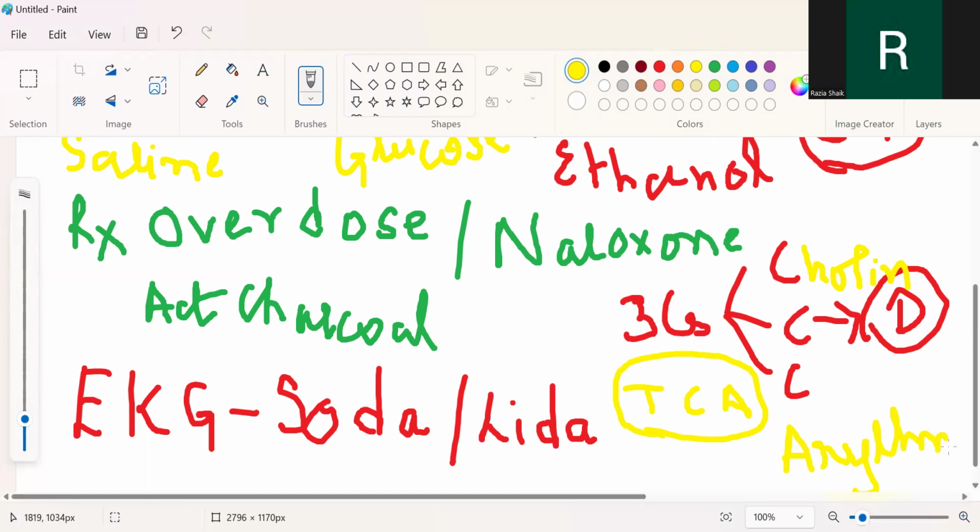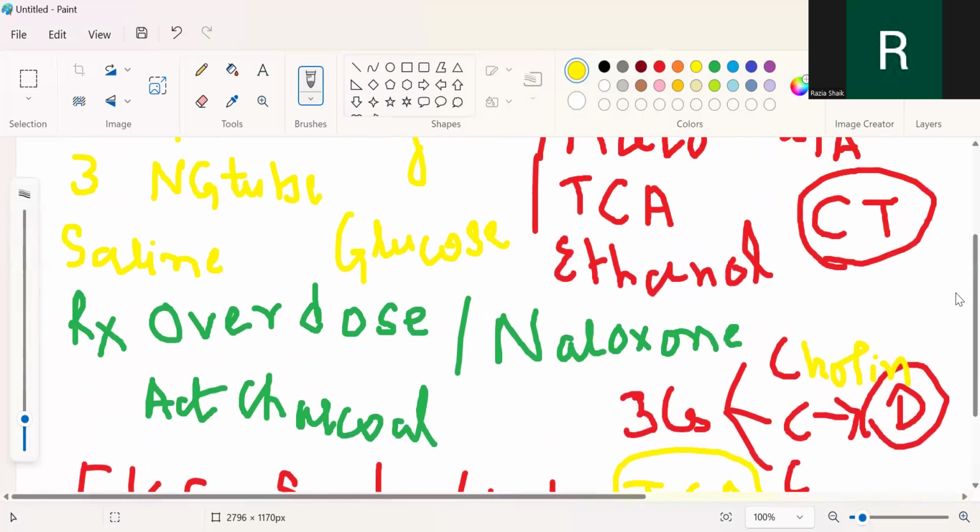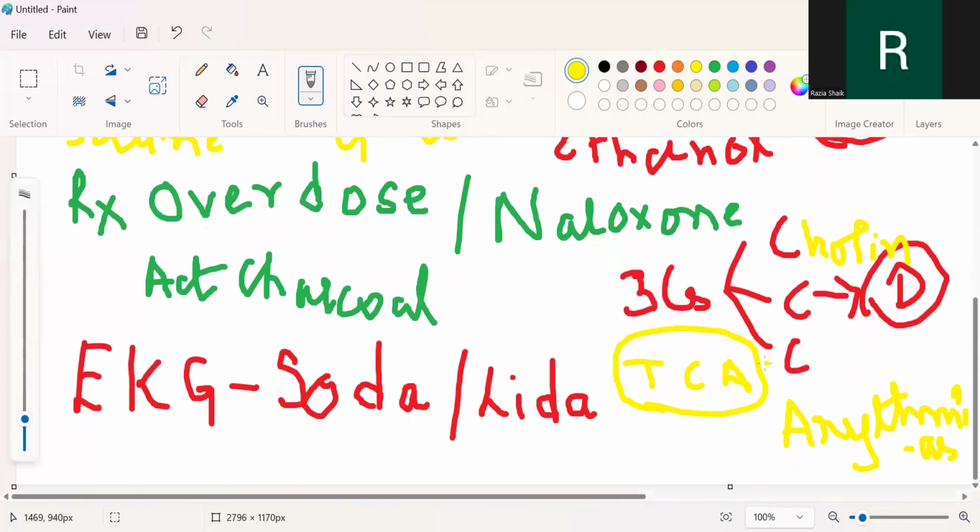And this is a very common potential complication of seizures. Whenever a patient has hypotension, you may also want to give epinephrine, norepinephrine in addition to normal saline, because there is an adrenergic component as well.